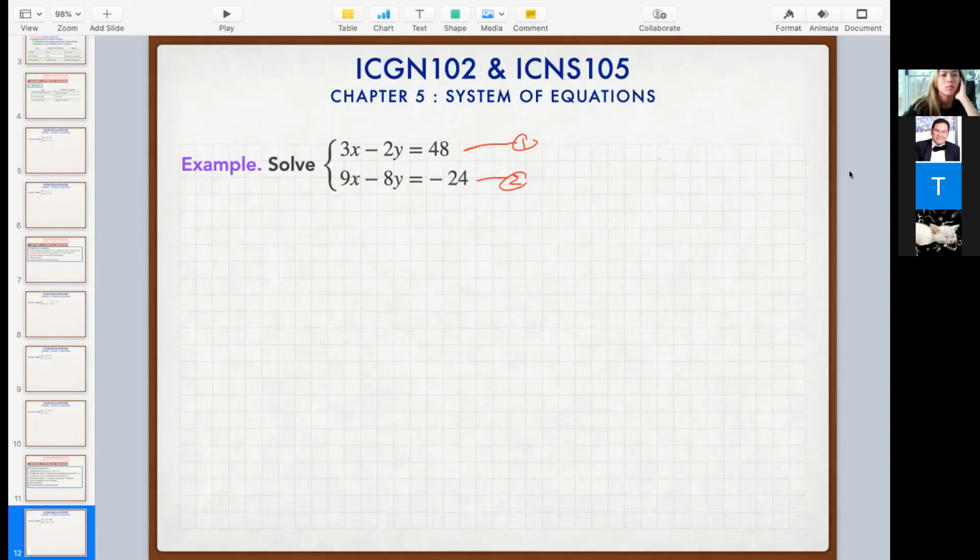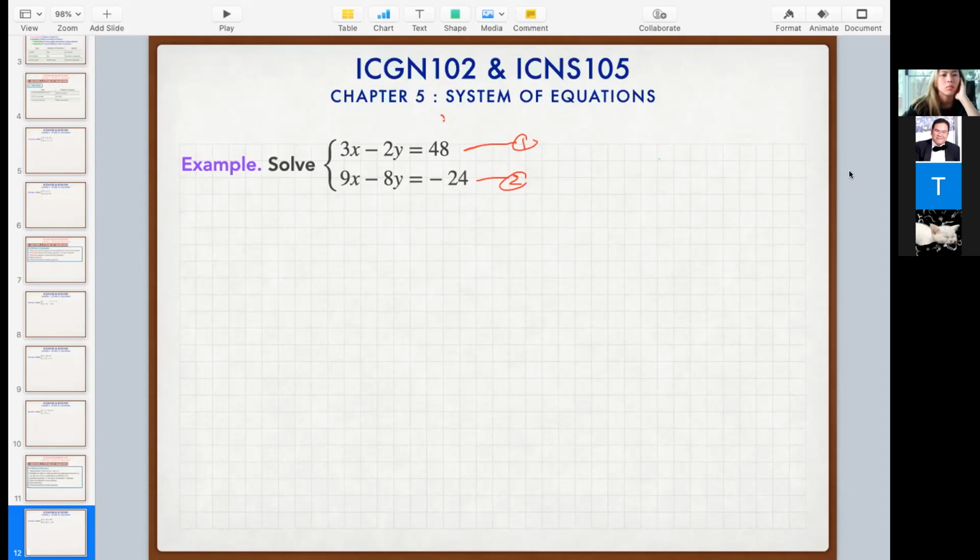First, you look at whether both equations are in the form ax plus by equals c already or not. Yes, both of them are. Then you don't have to move any terms anymore.